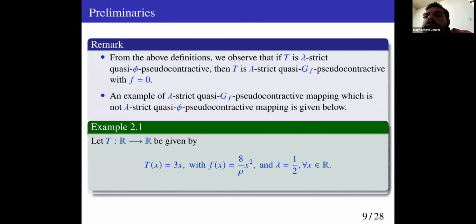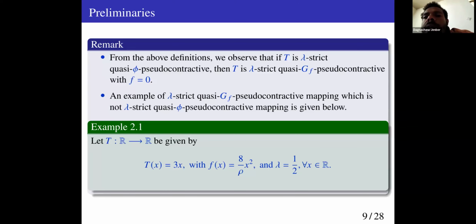And the lambda strict quasi-JF pseudo-contractive mapping is the generalization of the lambda strict quasi-phi pseudo-contractive mapping. If we take F is equal to 0, we'll get the lambda strict quasi-phi pseudo-contractive mapping.